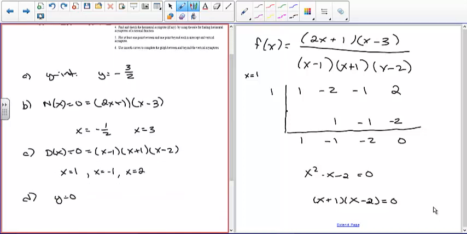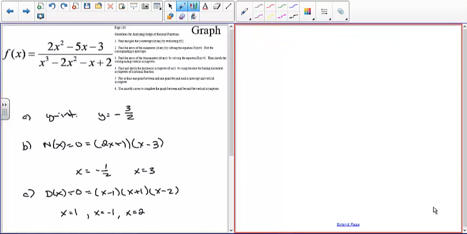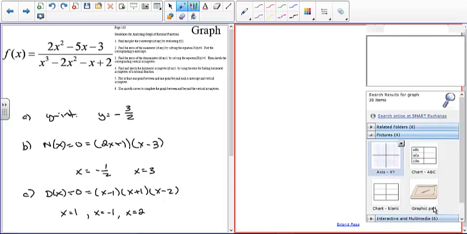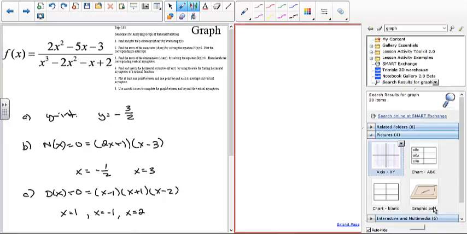So now we're going to insert a page. Okay, we're going to get some graph paper.